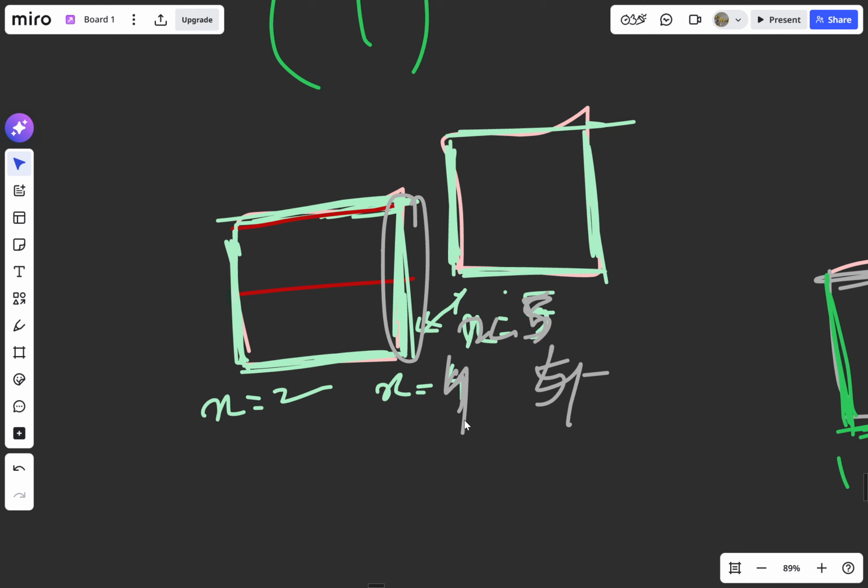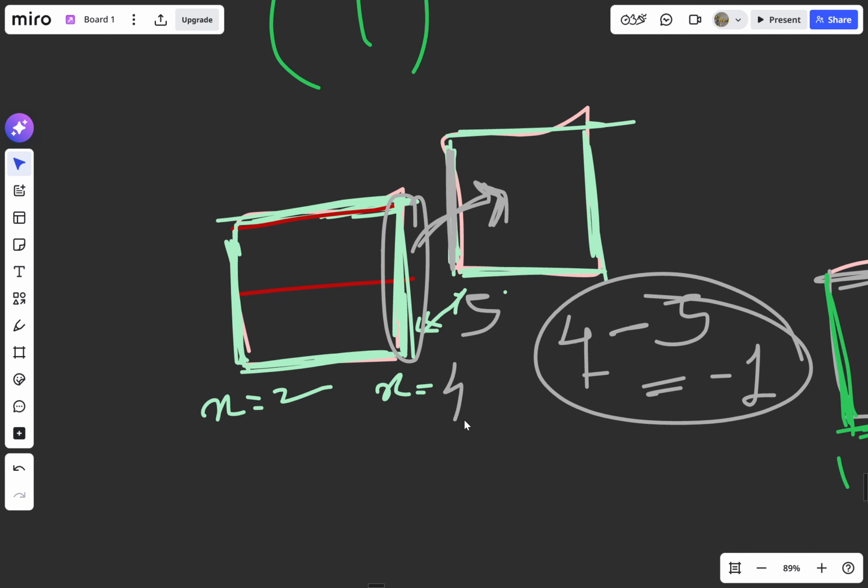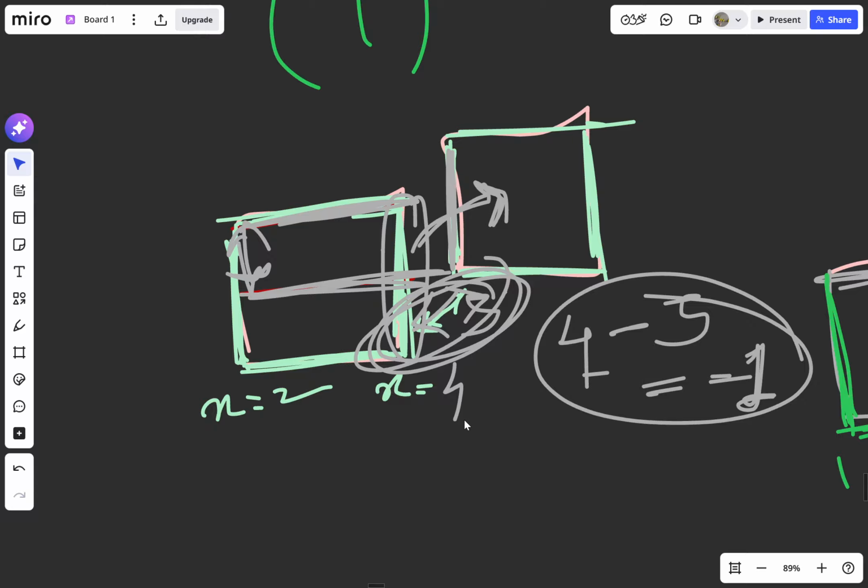So this line should be ahead of this line, then only it can overlap. But now we have to subtract 5 from 4, so 4 minus 5 will give -1. So in this region it is -1. Now this to this can be positive, but this to this region is negative now.